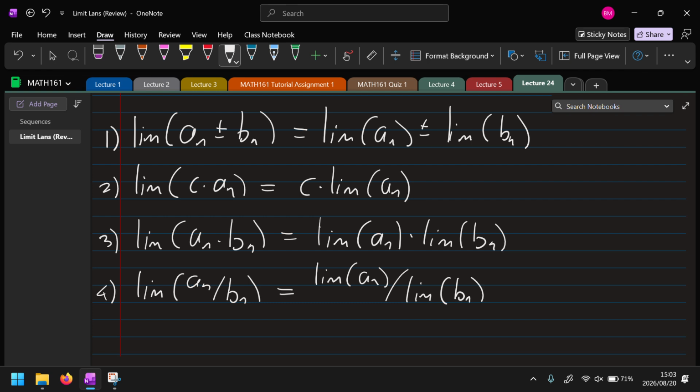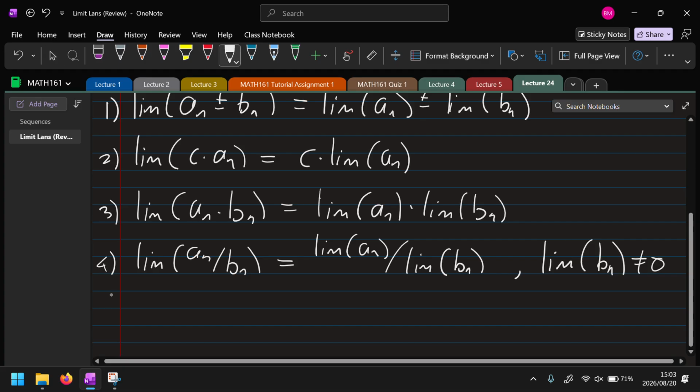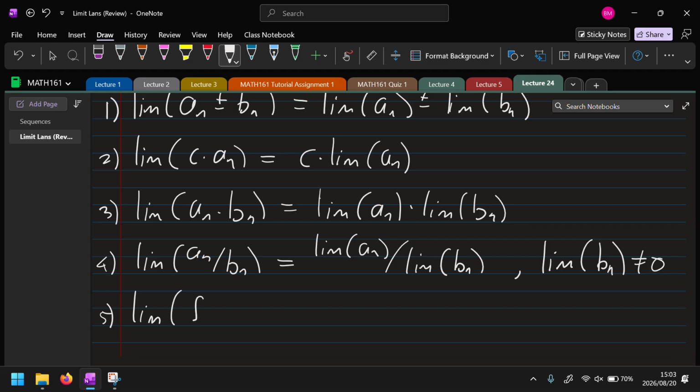But as we had before, that bottom part can't be 0, so here the limit of b_n can't be 0. And number 5, we have the limit of f of a_n is equal to f of the limit of a_n. What's the restriction on f for this last property here? It can't be any f. It must be a particular type of function. Remember from last year?